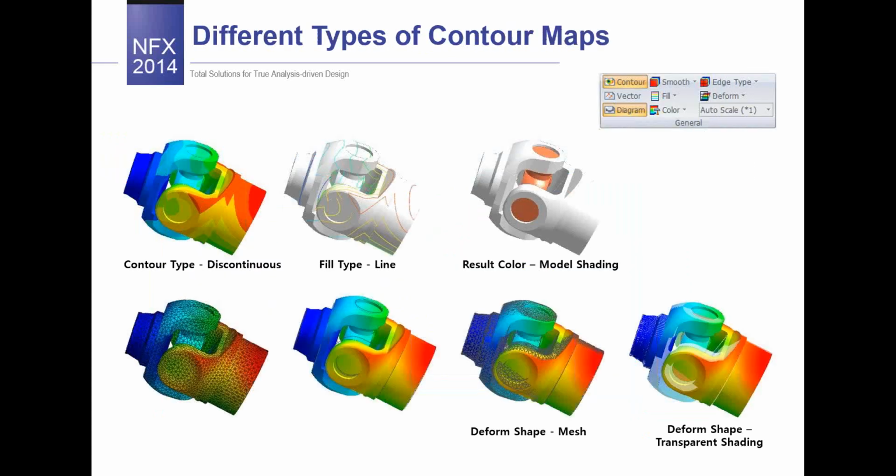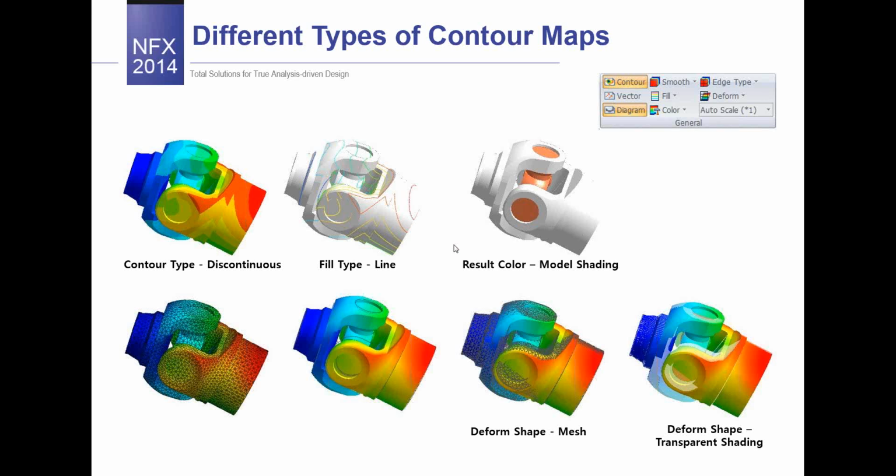Some of the examples for the contour types have been presented on the next slide. So we can display results using full contours, contours with lines, without colors, with the deformed shape, with mesh, without mesh, and, for example, transparent if it's needed.